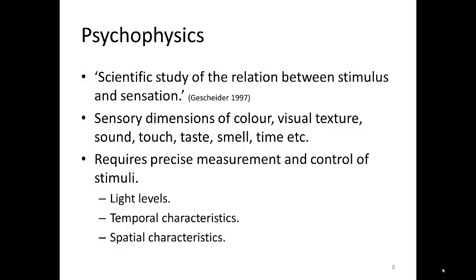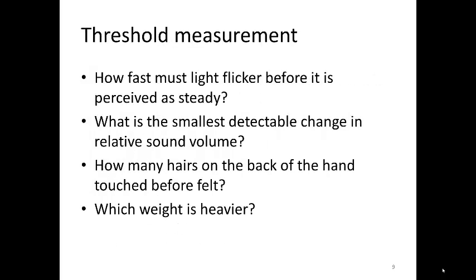And that's not a controlled environment. So you need to control for that sort of thing if you're working in a psychophysical environment. Yeah? So light levels, temporal characteristics, what time of day it is, obviously, or how long it takes to do it, and spatial characteristics. So you have to think really carefully about how you set that up.